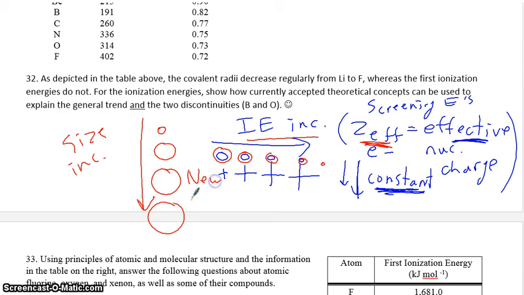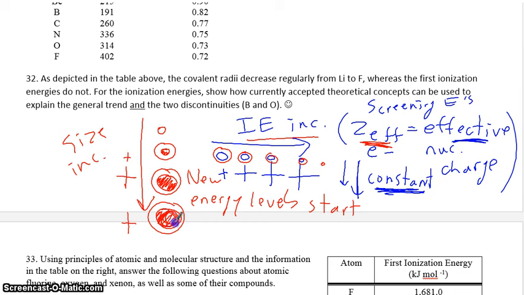New energy levels start each time. And so the number of core electrons, which can be on the inside, in each case increase, which these are the screening electrons. So yes, you do get a stronger nuclear charge as well, but the number of screening electrons increases proportionately, and that's why your effective nuclear charge stays the same, essentially.